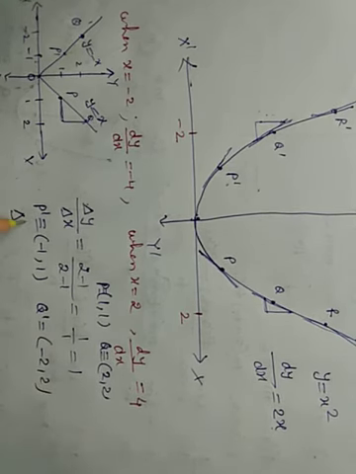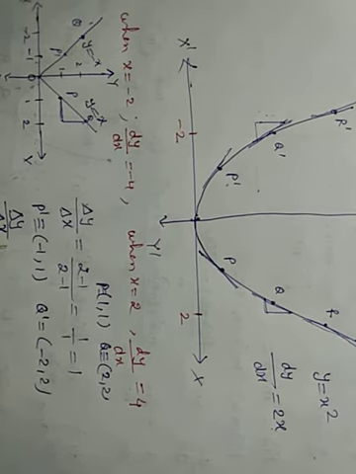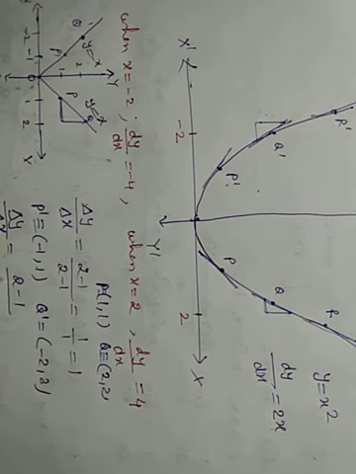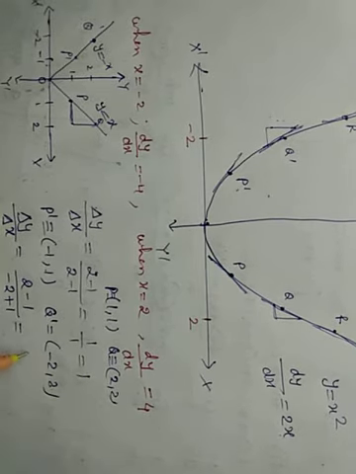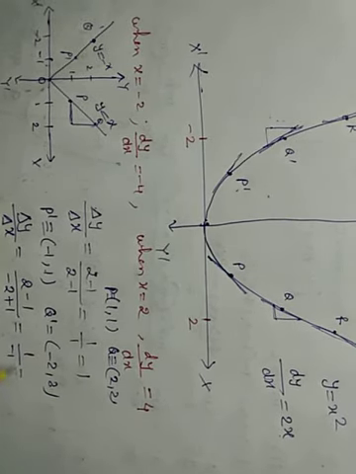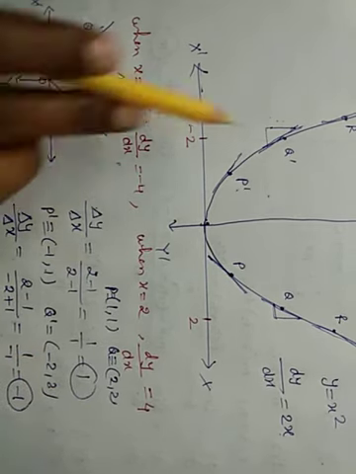What is delta y by delta x over here? 2 minus 1, y2 minus y1, upon minus 2 minus minus 1, it will become plus 1. 2 minus 1 is 1 and this is minus 1, the answer is minus 1. Is it clear? How we are getting positive here and negative here?